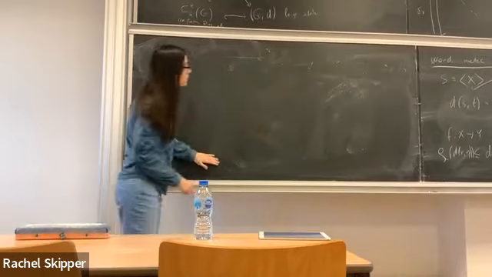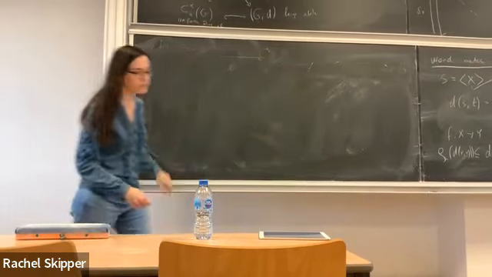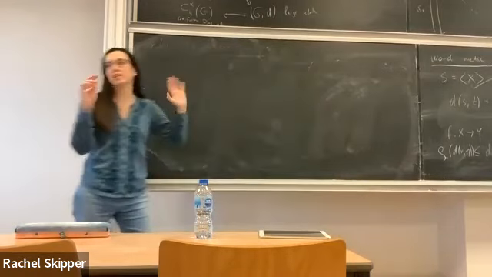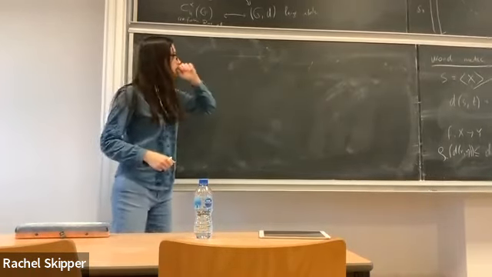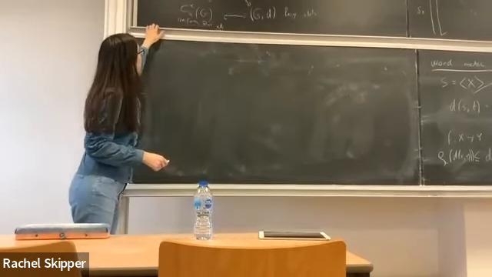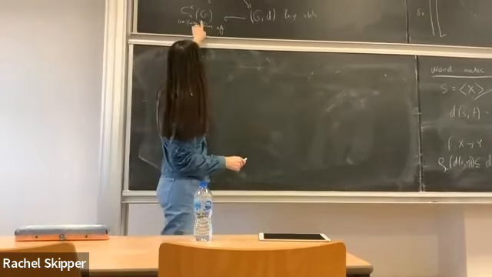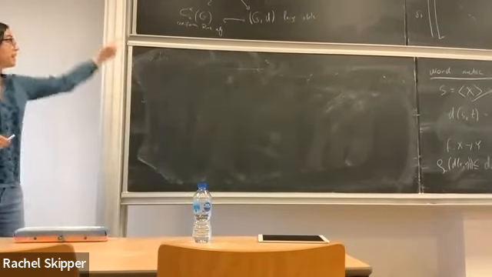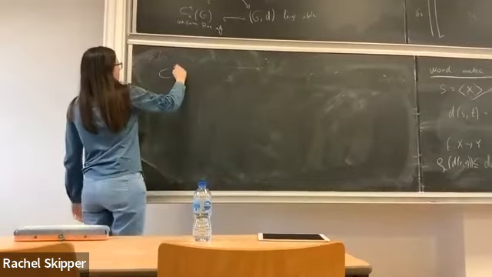So basically, there's this concept of the uniform Roe algebra, which encapsulates the bijective large-scale geometry of a space. An important property here of the Roe algebra associated to a group is that it can also be obtained algebraically.